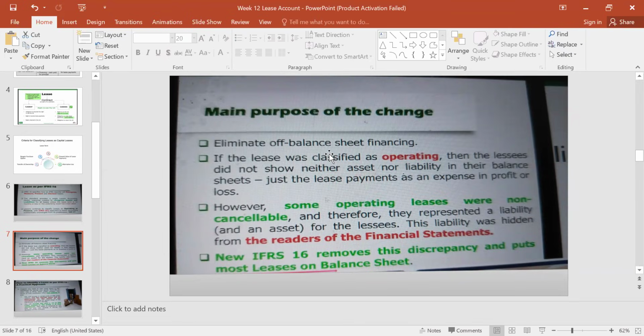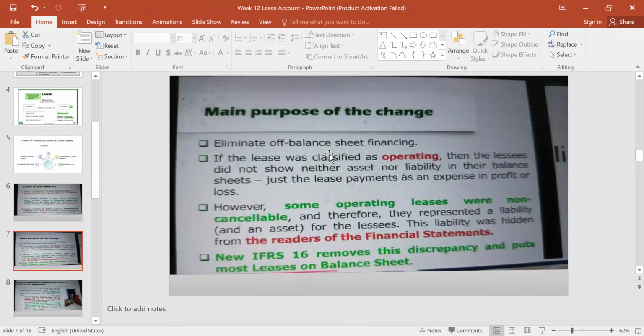Say, for example, assets that are the subject of a lawsuit in court. If any asset is under a case or a legal complaint in court, these types of assets you have to show only in the notes.